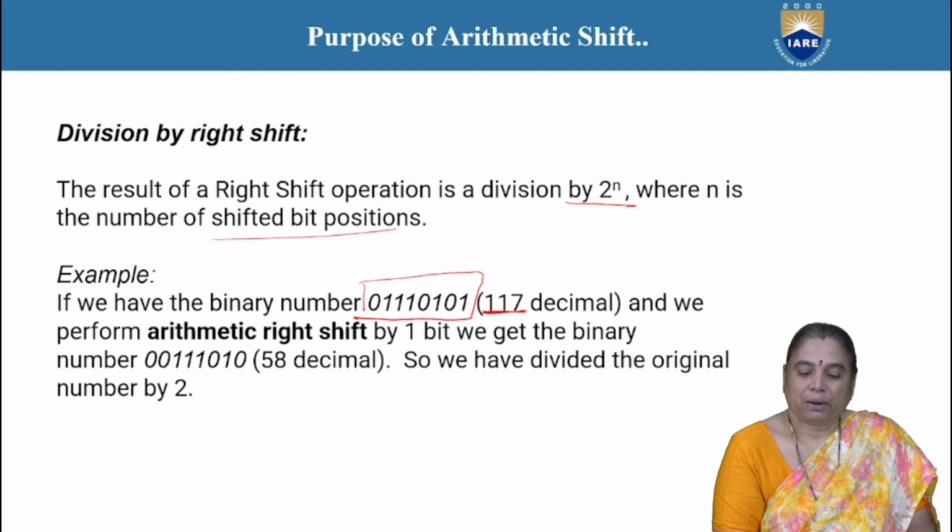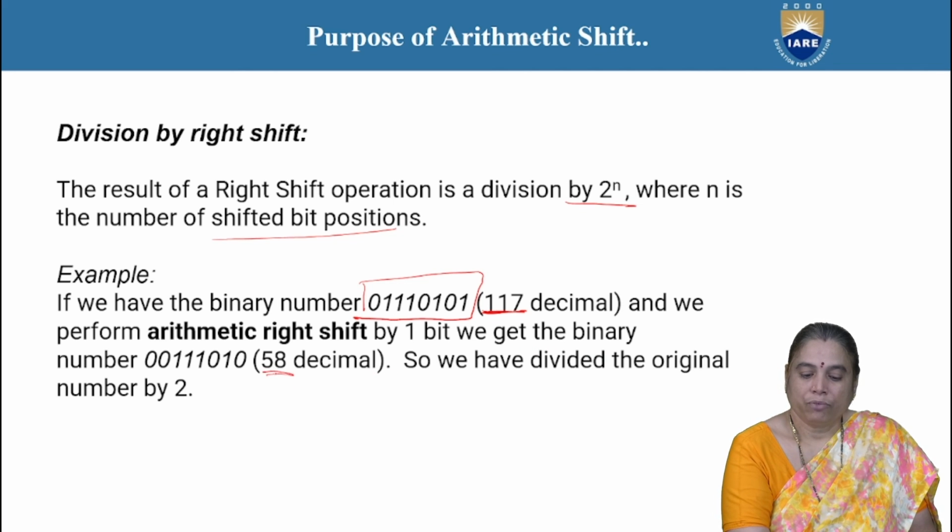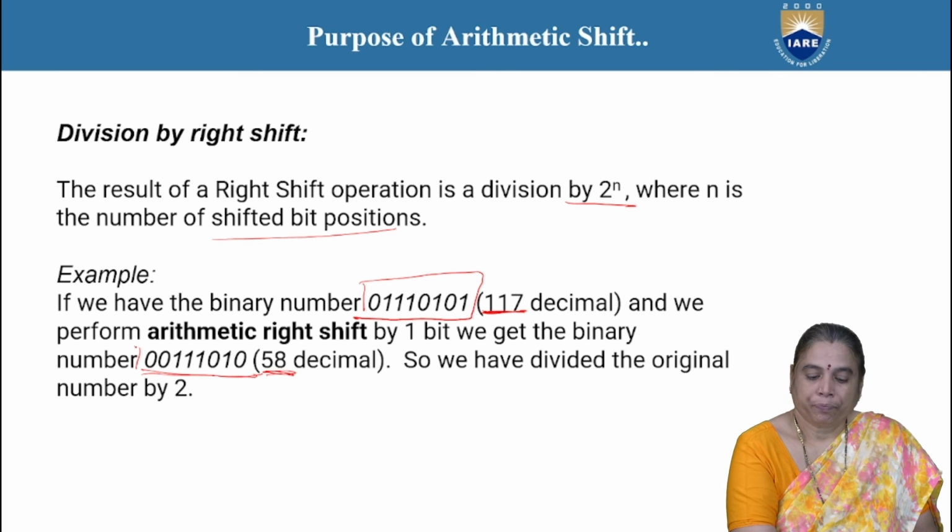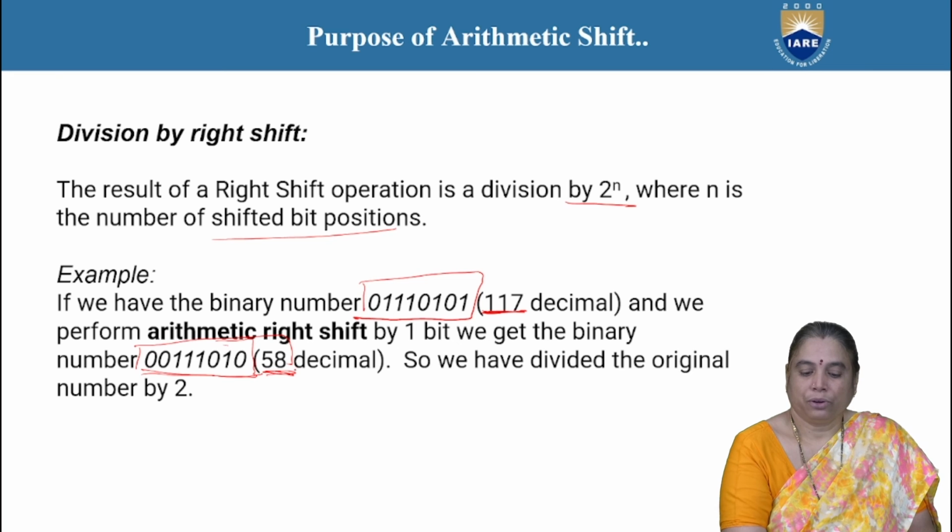After performing an arithmetic right shift by 1 bit, we get the binary number 00111010, which is equivalent to 58.